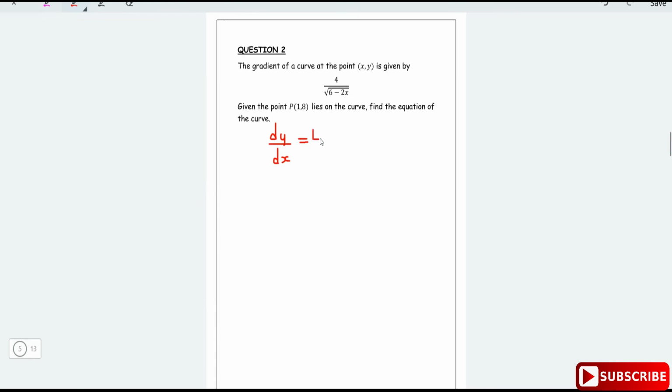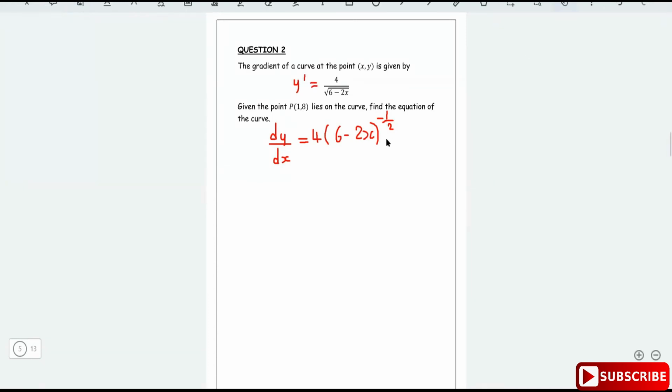I'm going to rewrite that as dy by dx is 4 times 6 minus 2x to the negative half, just to rewrite it in this form so it's easy to integrate. This is dy by dx, or y prime, the gradient function.